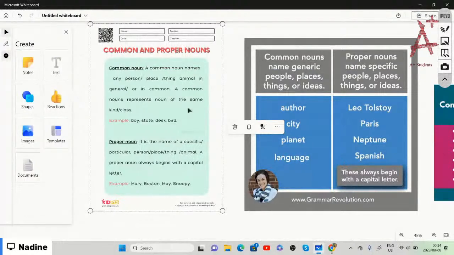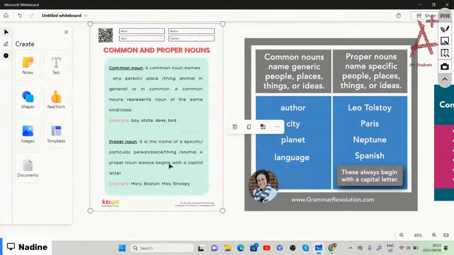And a common noun represents a noun of the same kind or class. For example, we have boy, state, desk, bird. But we're not specifically mentioning or stating what it is.